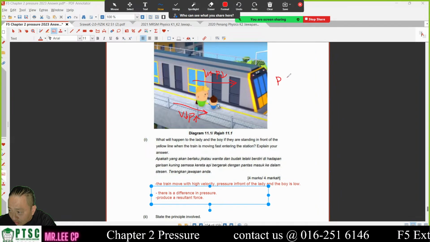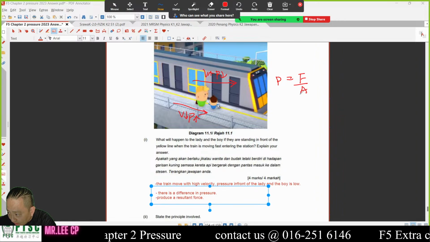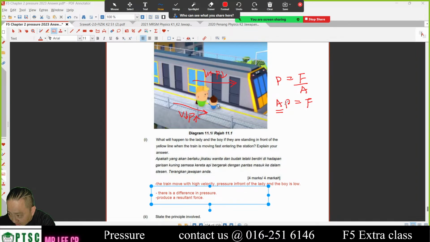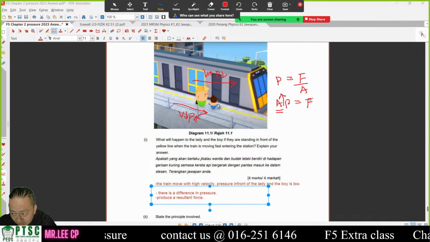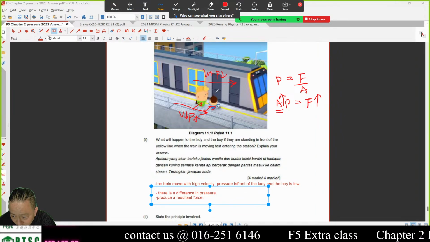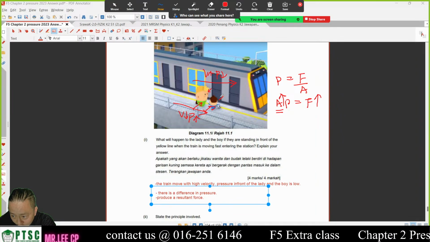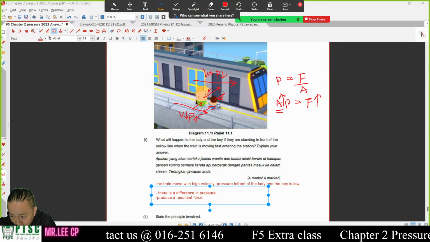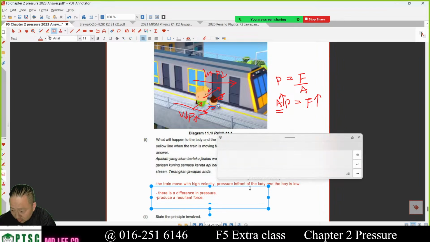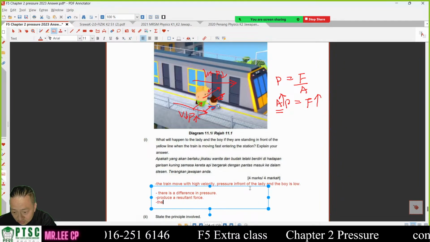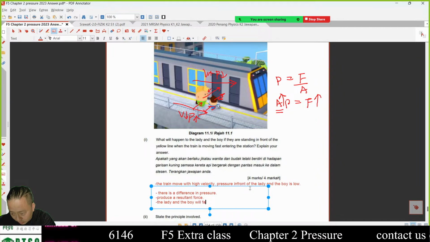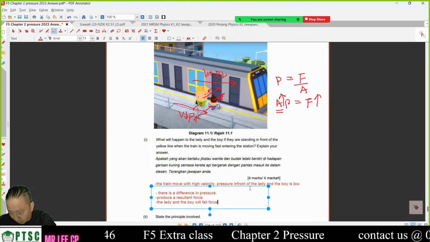Pressure is equal to force over area, so area times pressure is equal to force. The area is the same. The difference in pressure is high, so the force is high. The higher pressure is going to push toward the lower pressure. So the lady and the boy are going to move forward, they will fall forward.